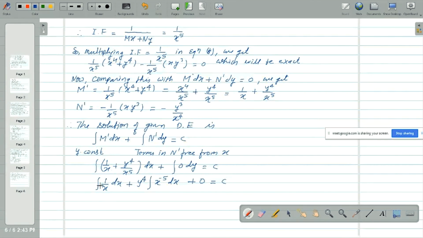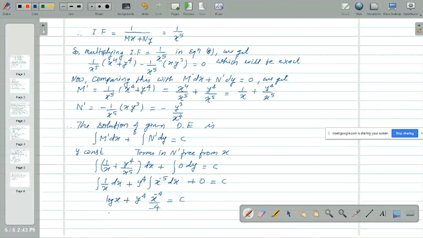Integration of 1 upon x is log of x, and plus y raised to 4 times the integration of x raised to minus 5, that is x raised to n plus 1, minus 5 plus 1 means x raised to minus 4 divided by minus 4, and this equal to c.